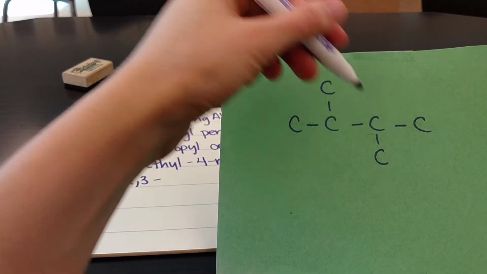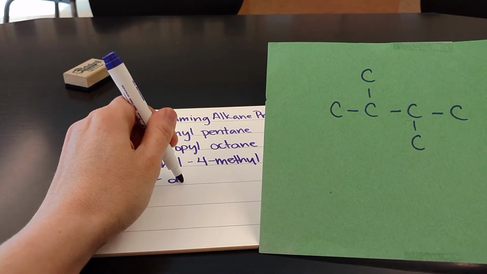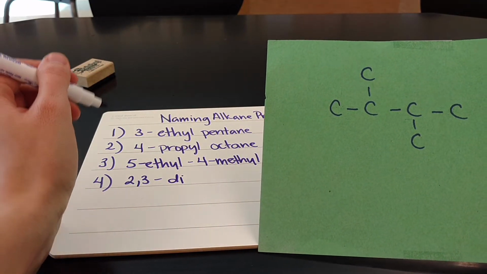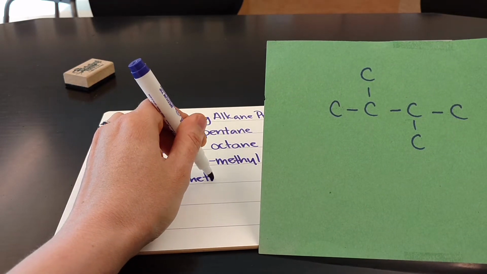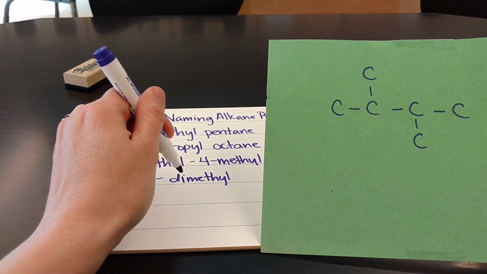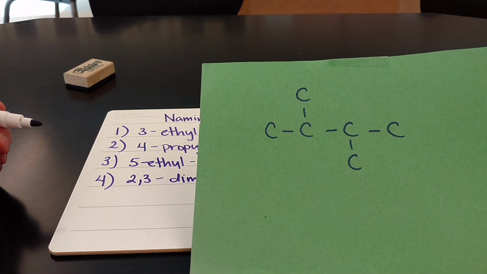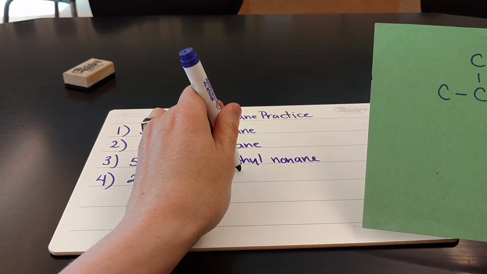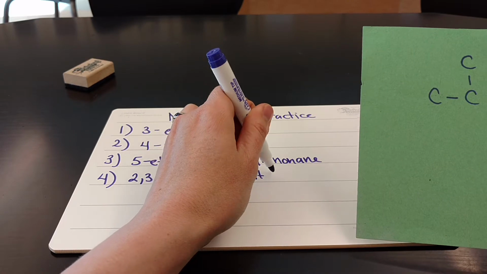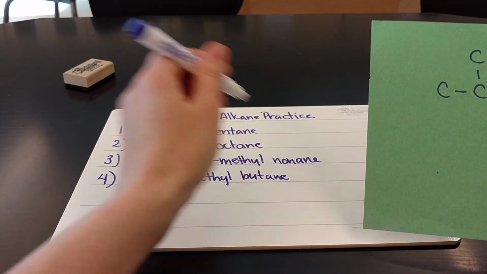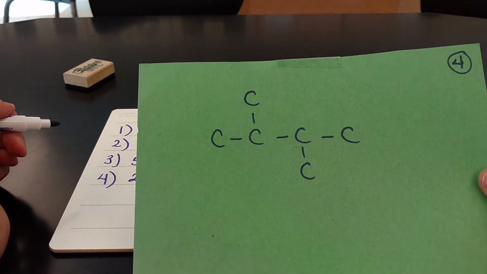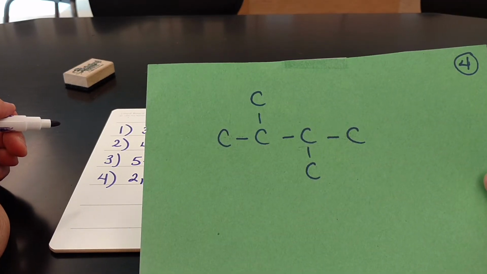There are 2 of them, that's di for 2 of the same branch, but the branches only have 1 carbon, so meth means 1 carbon, so methyl, dimethyl. And then they're attached to a 4-carbon molecule, so BUT is my prefix for 4, and ANE for the single bonds. 2,3-dimethylbutane.